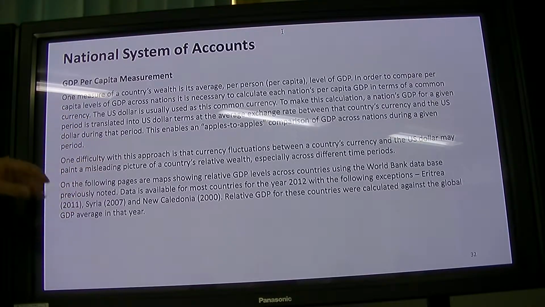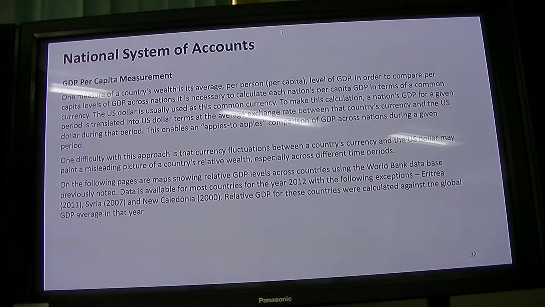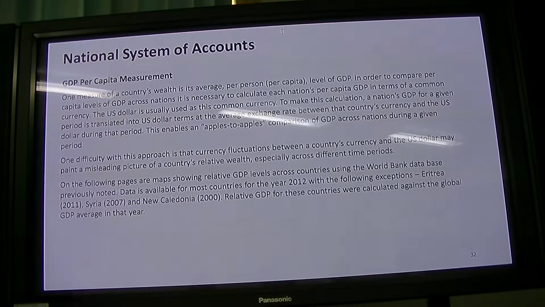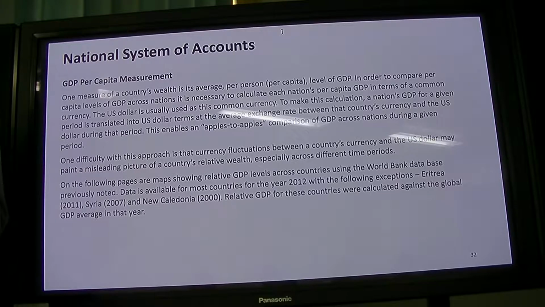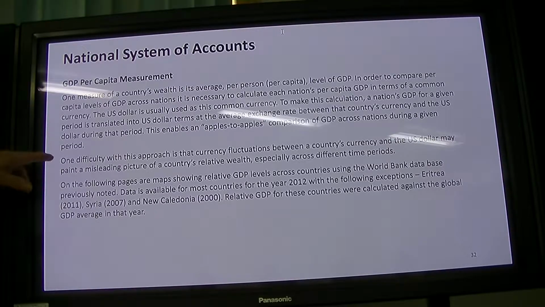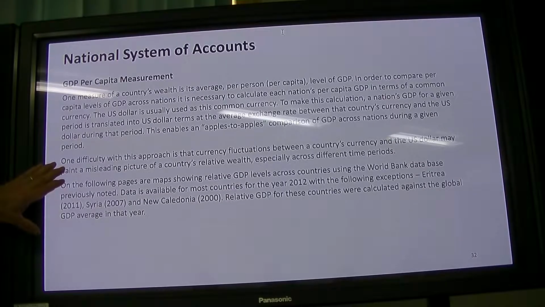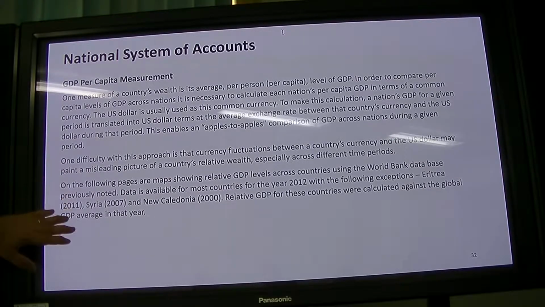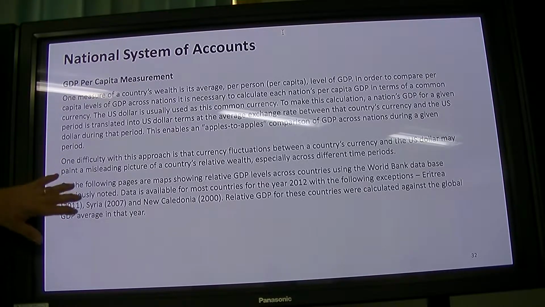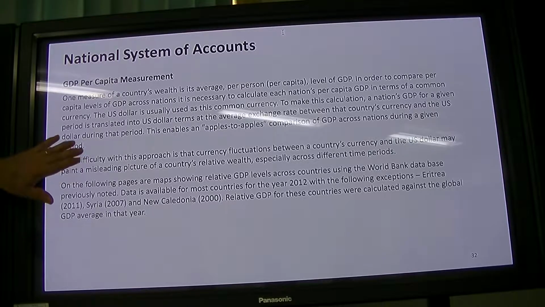The problem with using U.S. dollars is that fluctuations in the value of the dollar compared with other countries can be large, and the fluctuation may not actually reflect a change in wealth, so you have to be careful about that. We'll see later in the semester how to deal with that problem. But for right now, this is just in dollars.